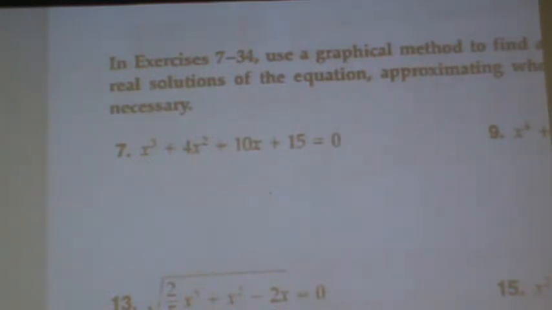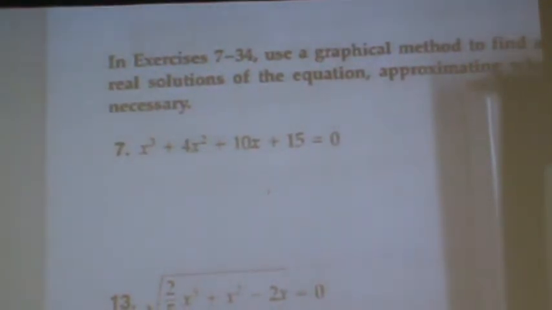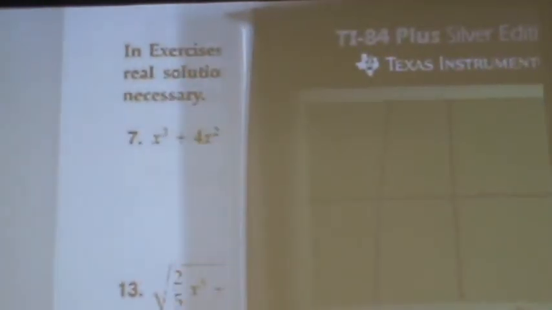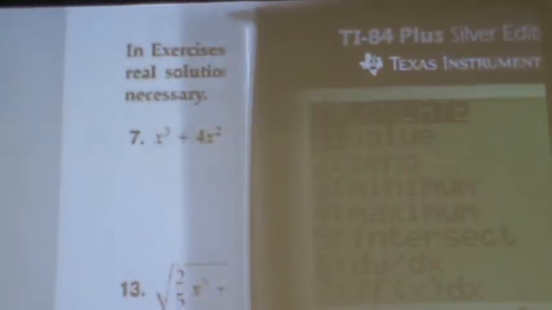Hit graph. And can you tell me the answer? Second calc. And I got negative 2.426.